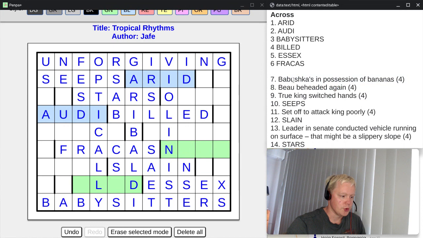So babushka, we had babushka meaning scarf. So here it probably means something else. If you see the same word repeated in different clues, often it means different things. So babushka's in possession of bananas. Now in possession of something is a bit of a weird phrase because you can say it in both ways.